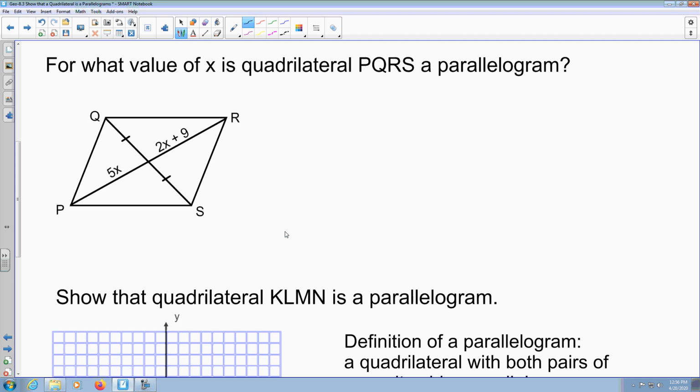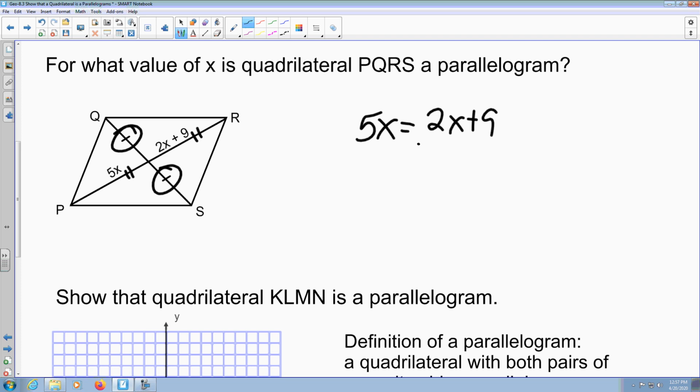If they bisected, that means that the measurement from here to here is going to be the same, just like these two line segments are congruent as well. Since those are congruent because of that theorem, we can say that 5x will be equal to 2x plus 9.